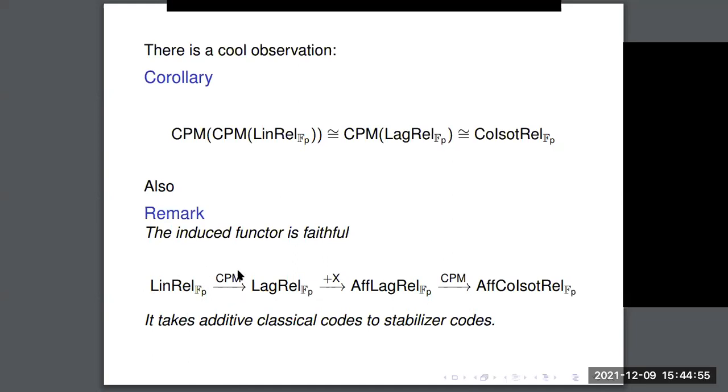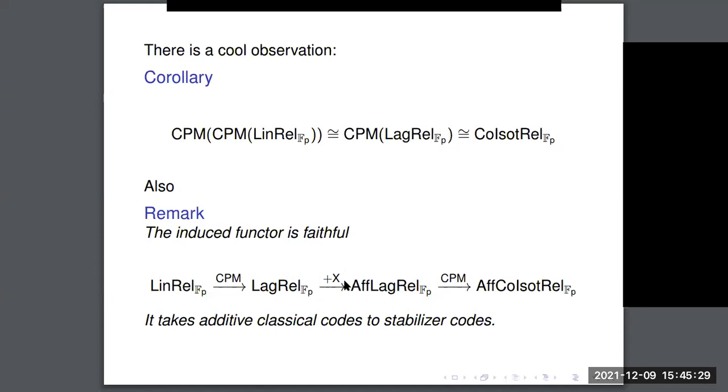I think the thing that's closer to this actually is CSS codes, where you have a quantum code which you can regard as a classical code that's self-dual in a certain sense, with respect to this Lagrangian inner product. So you have the classical code right at the bottom there, and then you lift it to a doubled version of itself, which is going to be self-dual in this sense.